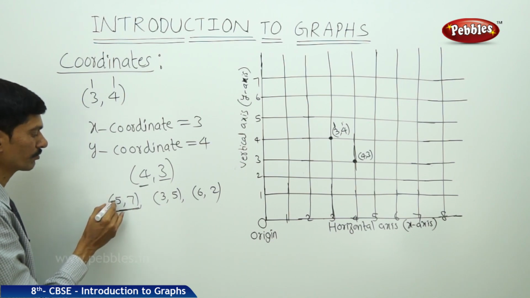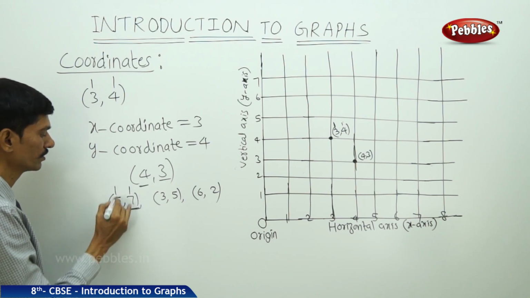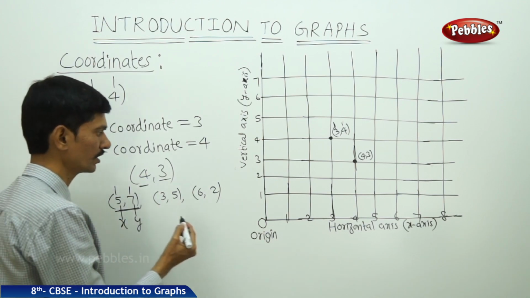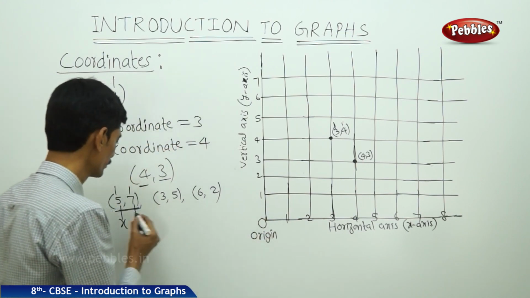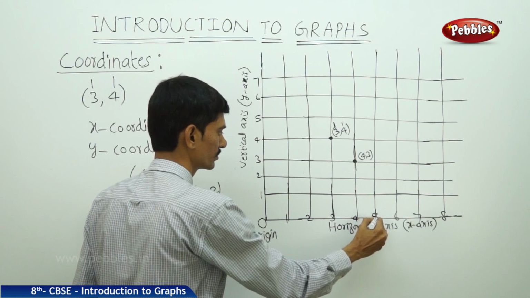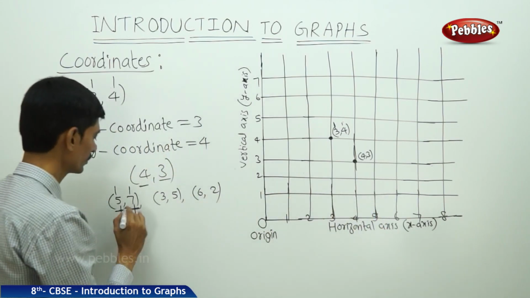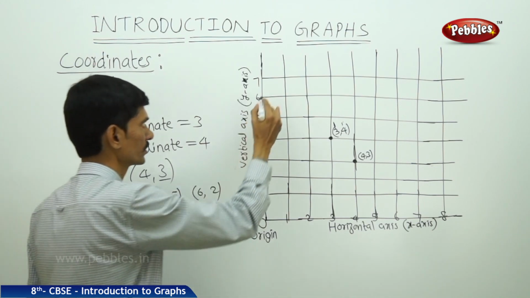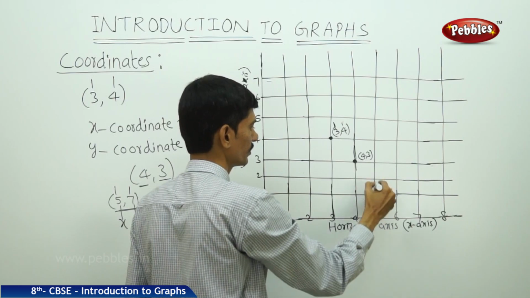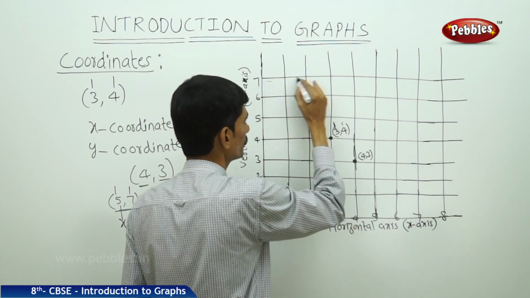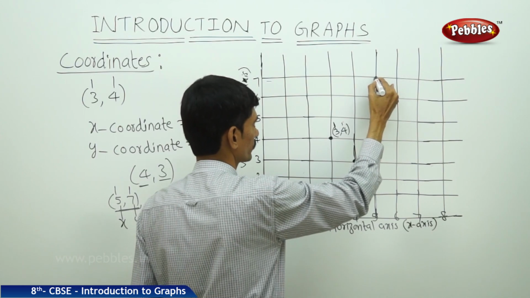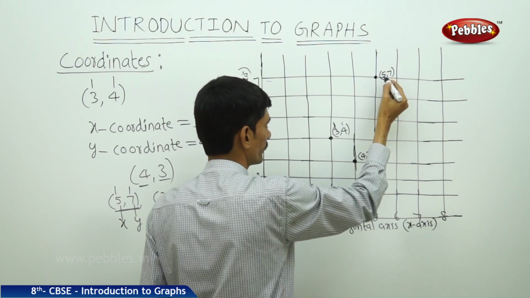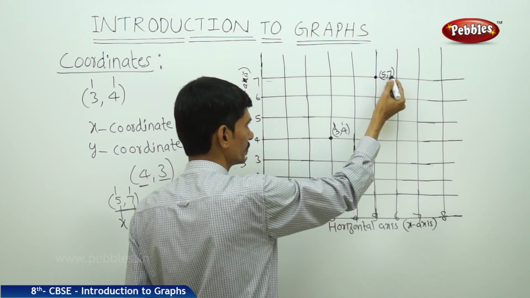The x coordinate is 5 and the y coordinate is 7. So first you consider the x axis, the horizontal axis. So 5 is there. Then on the y axis it is 7. So the y coordinate is 7. These two lines, 5 and 7, will intersect here. So this point is (5, 7), where the x coordinate is 5 and the y coordinate is 7.